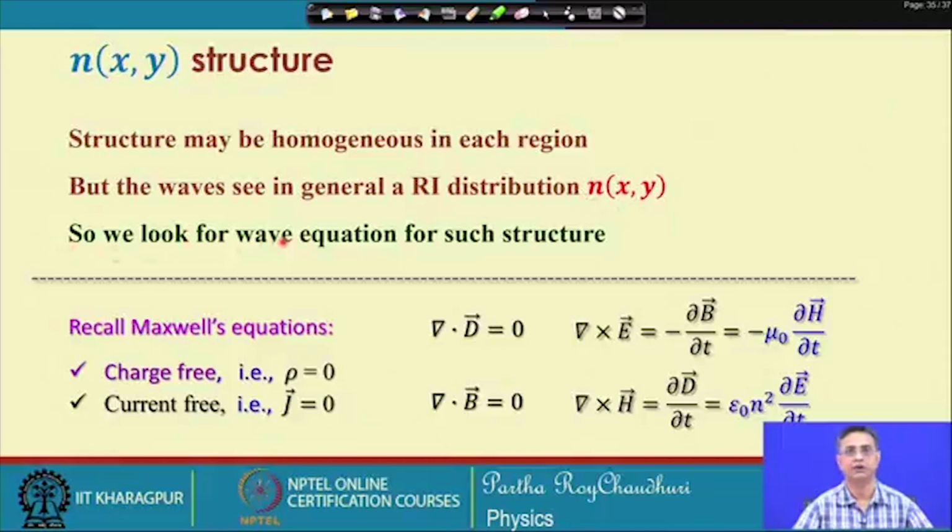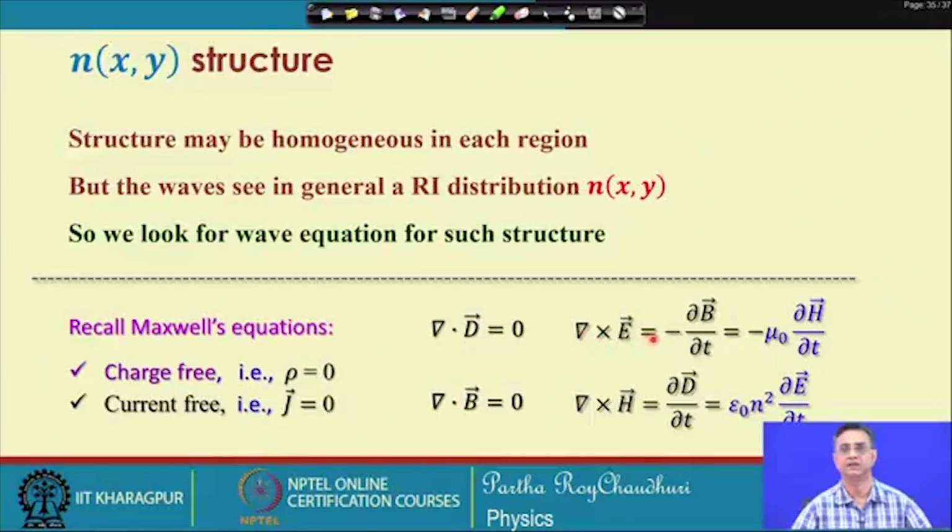So, we look for the wave equation for such a structure, and to do that we will recall Maxwell's equations. Maxwell's equations for a charge-free and current-free region. So, rho equal to 0, J equal to 0, and you have a set of 4 Maxwell's equations: del dot D equal to 0, del dot B equal to 0, and so on and so forth.